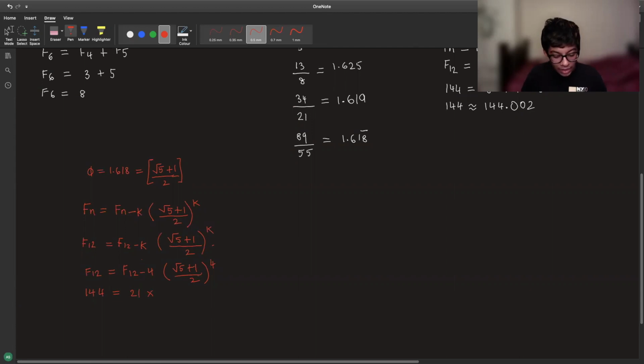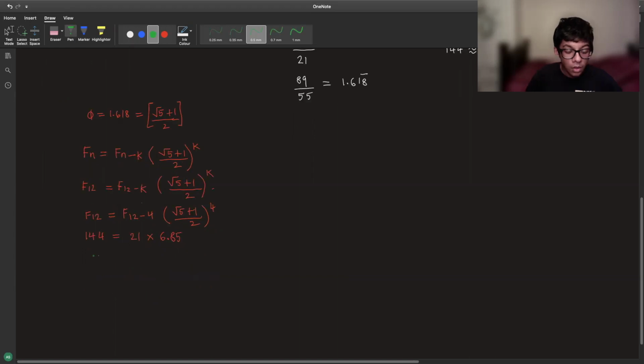And if we put that into the calculator, the answer we get is 6.85. Okay, so when we multiply these numbers, we get 144 equals 21 times 6.85, which when you put in a calculator is 143.936.